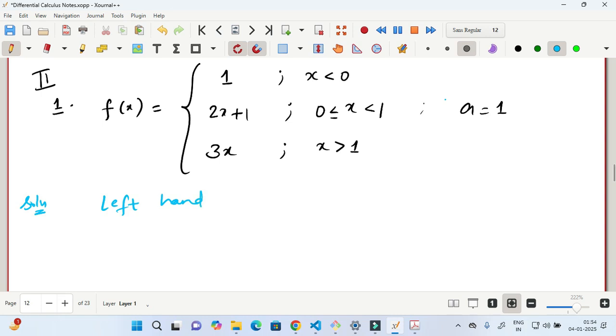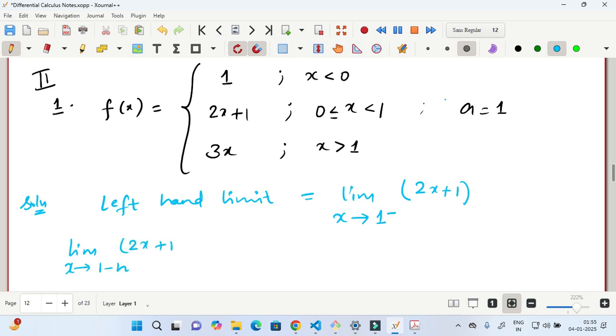Left hand limit is equal to limit x tends to 1 minus. 1 minus means we have to take this function 2x plus 1. Which implies limit x tends to 1 minus h of 2x plus 1.